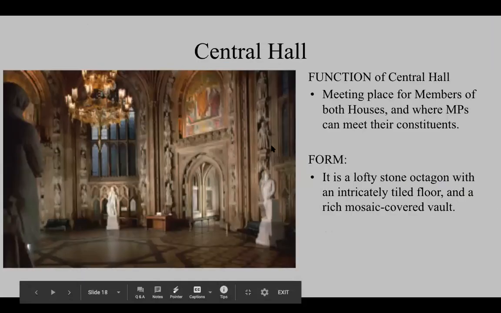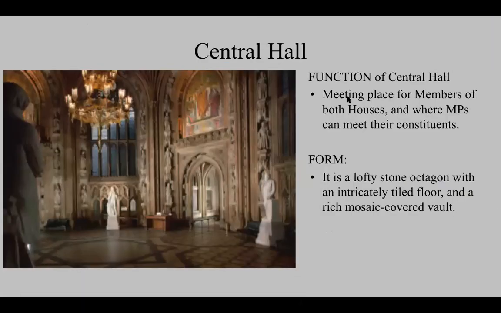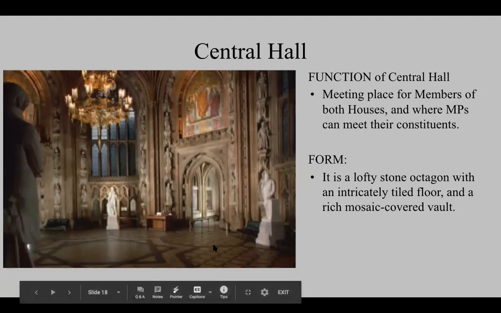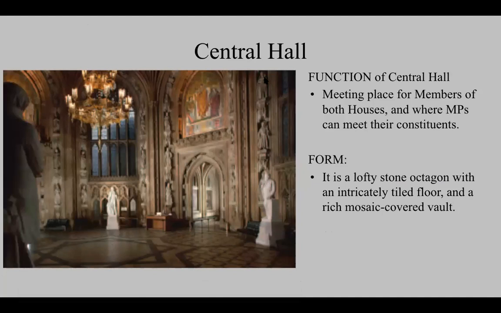So the function of this is it is a great place for members of both houses to meet with each other as well as their constituents. When we look at the interior decoration, notice how it has those intricate patterns of the floor. It has very much like the interior of a Gothic church. It's got sculptures.